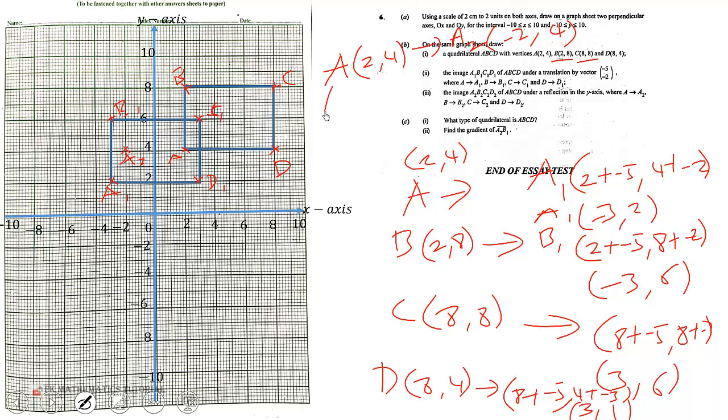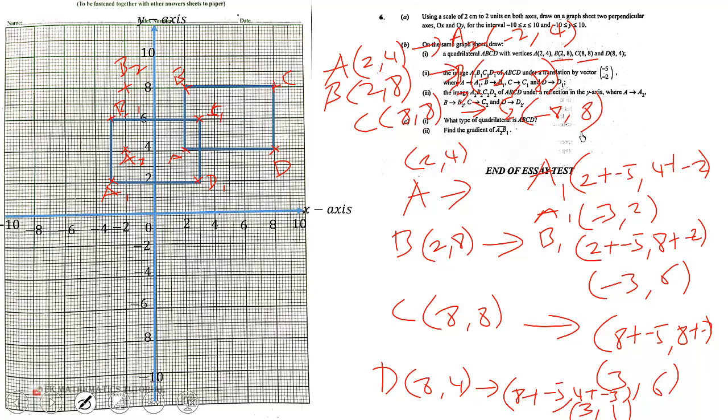Then B, which is 2, 8, moves onto B2, which is negative 2, 8. So B2, negative 2, 8 will be here. B2. Then C, 8, 8, maps onto C2, which is negative 8, 8.